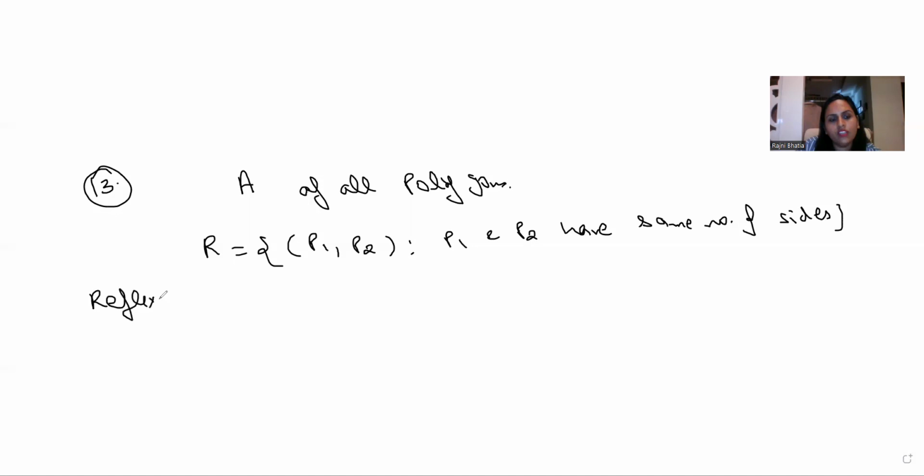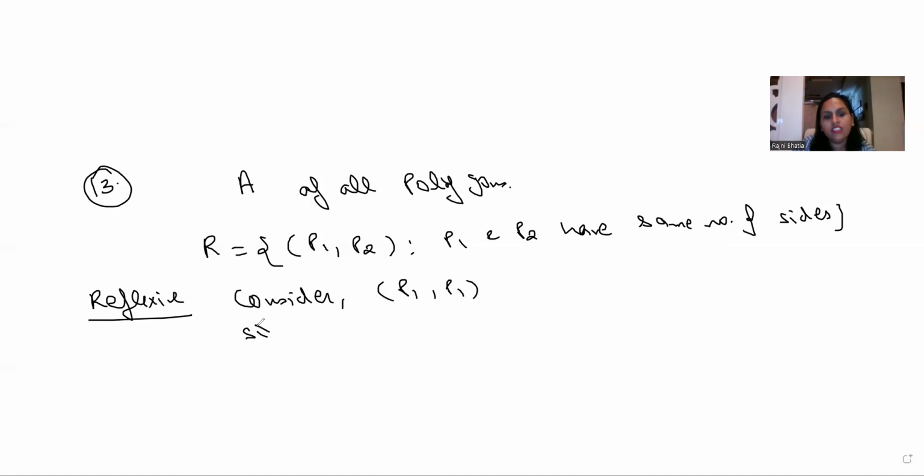So we are going to start with the reflexive part. For reflexive, we will write consider P1 comma P1. Now the same polygon. P1 comma P1. If P1 is a triangle, the second P1 is a triangle. Both of them will have the same number of sides.